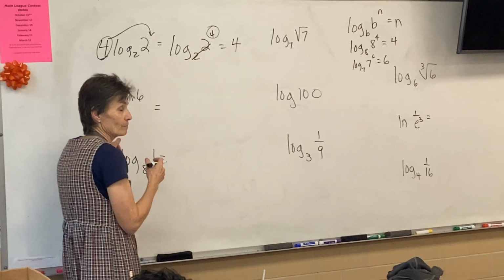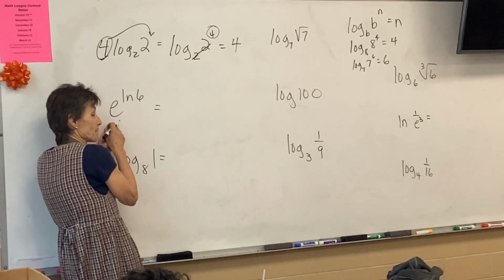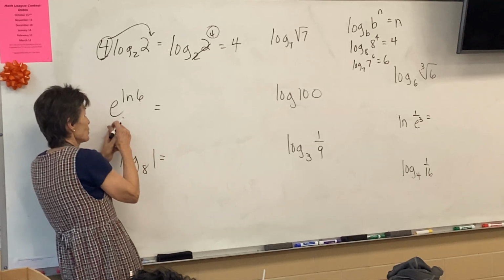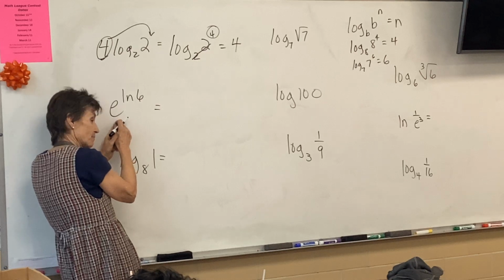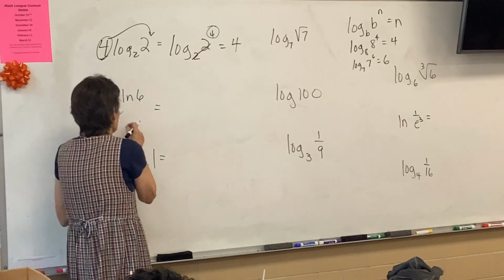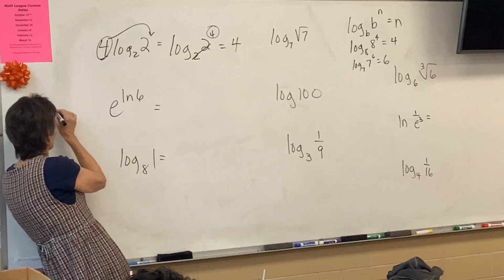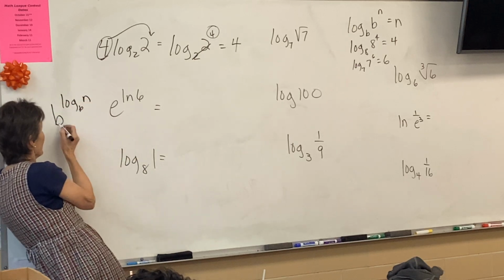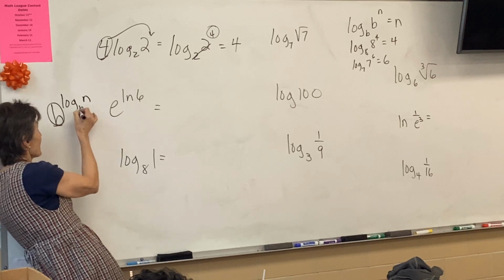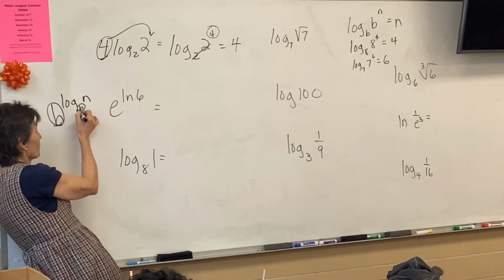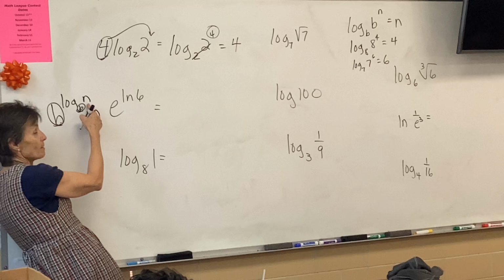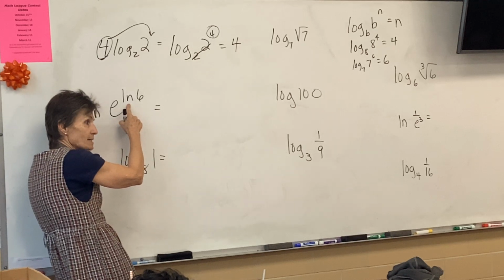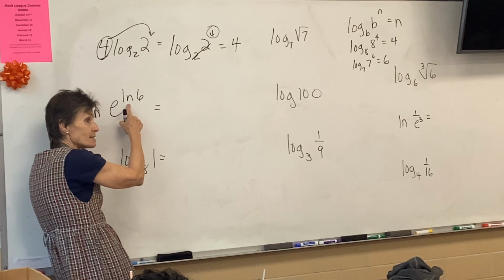Now, this is an alternate variation of the same thing, the same property. Whenever you have this situation, again, the base and the base are the same number, then your answer is just going to be that. Now remember, what's ln? We talked about this last time. ln is log base e.